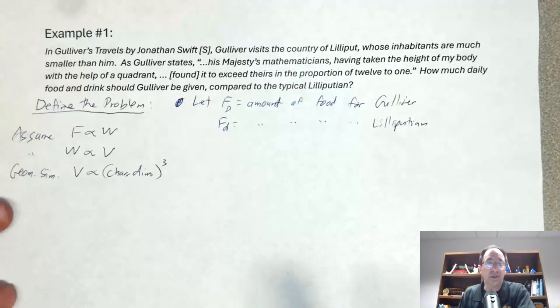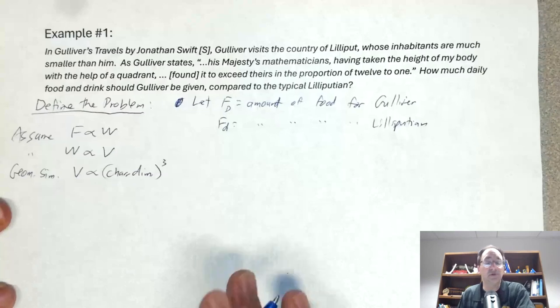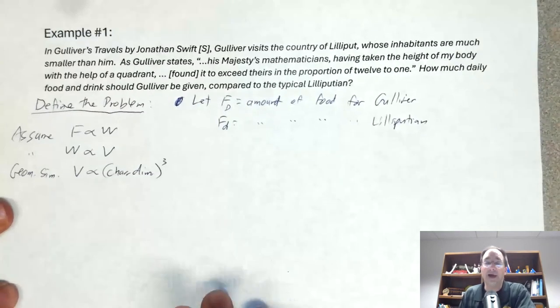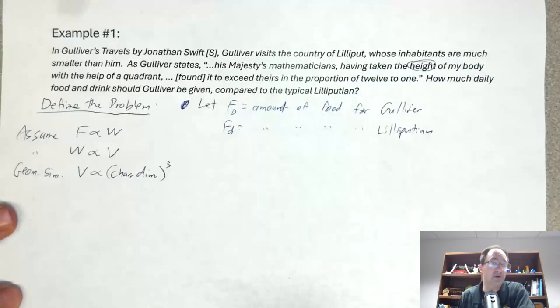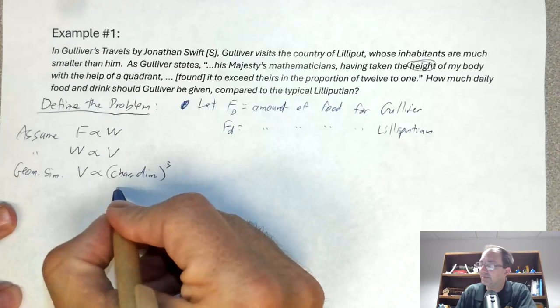Now, what characteristic dimension are we going to use? It could be shoe size, it could be hat size, length of your arm, or as we notice, in this particular situation, they measured Gulliver's height and their own height. So we're going to assume height.